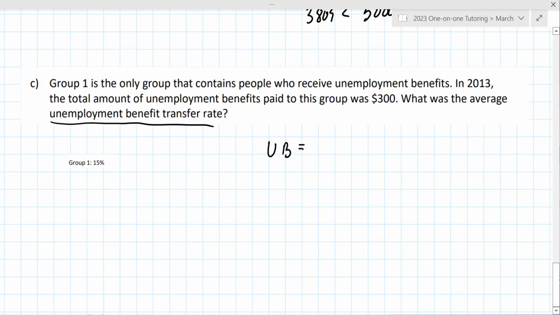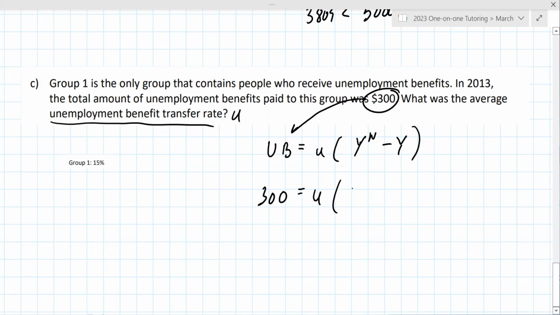Unemployment benefit is U times YN minus Y, and they're telling you the value of UB, the unemployment benefit. The rate is what we're trying to find. That's U. And you're given YN from the previous parts of the problem.